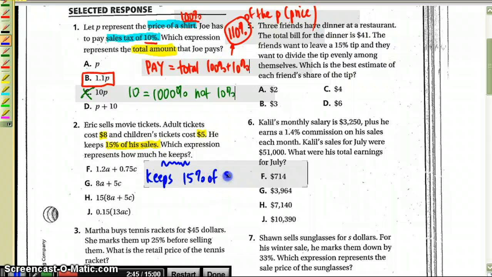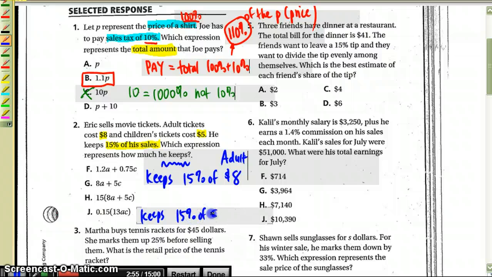He keeps 15% of the $8 adult tickets. Okay. He keeps 15% of the $5 children tickets.